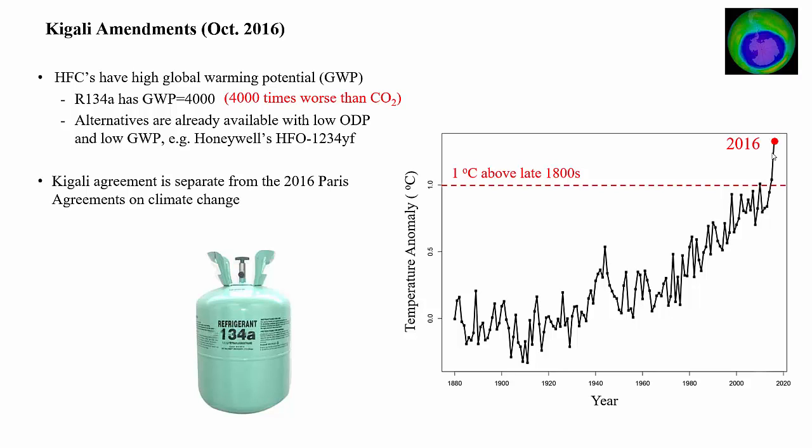But this is an area of very active research. The Kigali Agreement is particularly interesting because it's separate from the 2016 Paris Agreements on climate change, even though it deals fundamentally with a refrigerant, with a gas that's causing climate change and not causing ozone depletion.